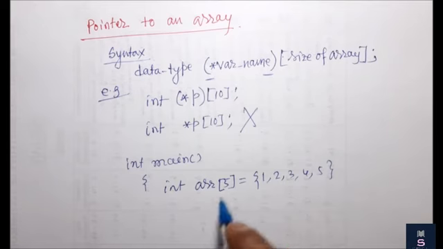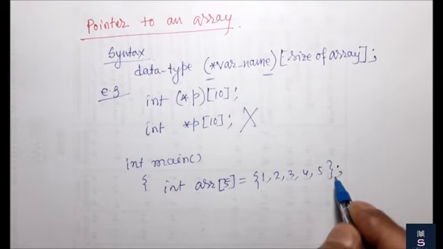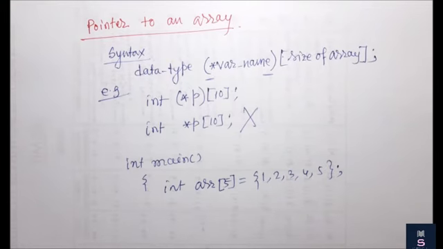That means ARR is the name of the array, and the size of the array is 5, and it contains 5 elements. 1 2 3 4 5 are the values.